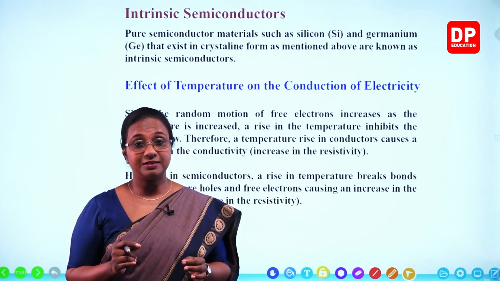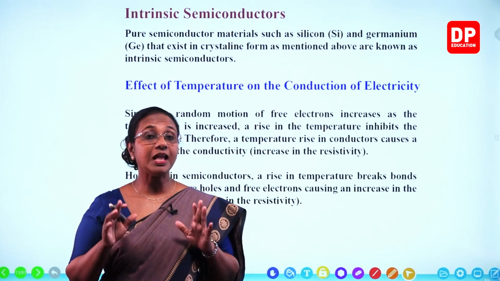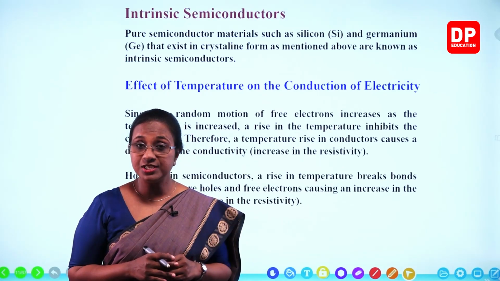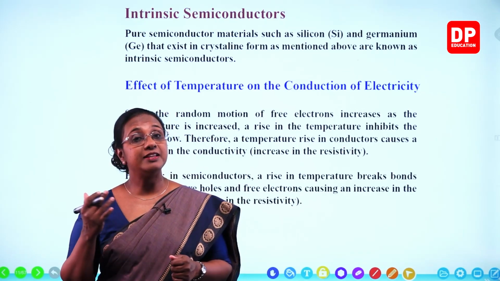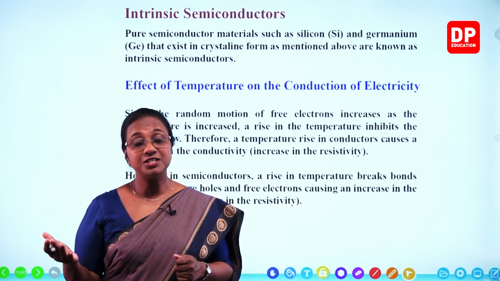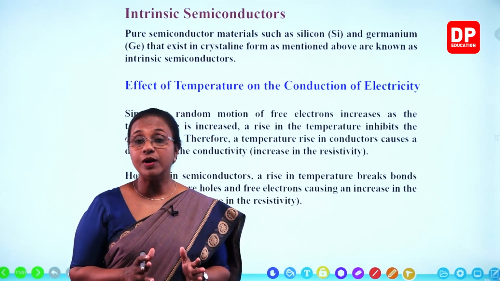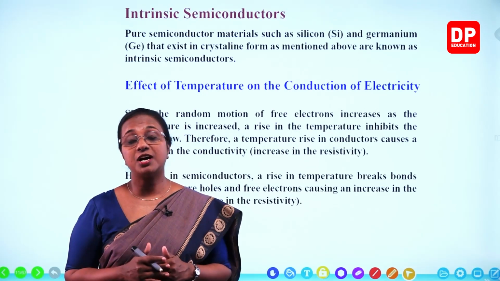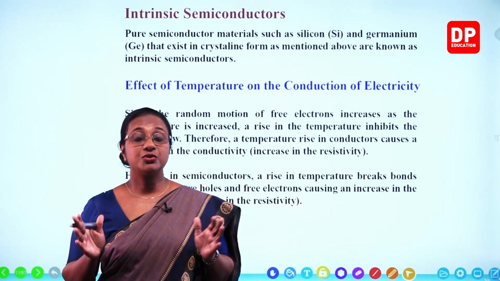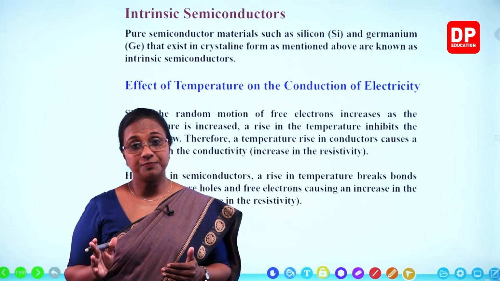So, some electrons come out of the bonds. Therefore, a hole is generated and that acts as a positive charge carrier, and the free electron is a negative charge carrier. In a crystalline lattice, there will be an equal number of positive charge carriers, holes, and negative charge carriers, electrons. So therefore, the lattice is electrically neutral.